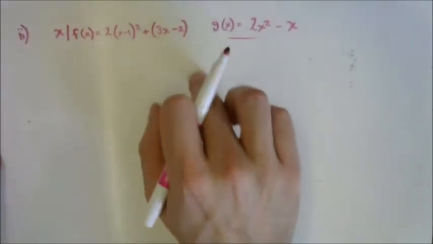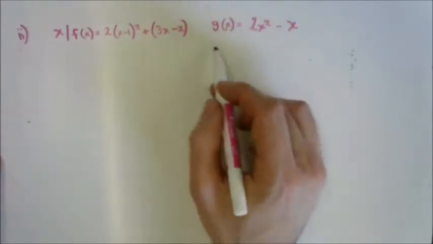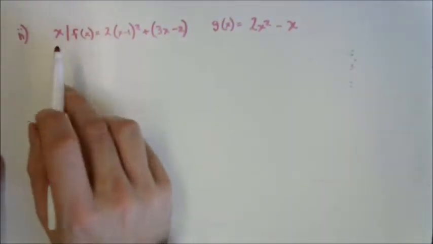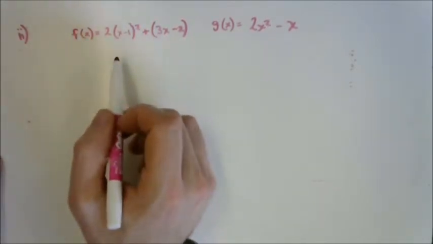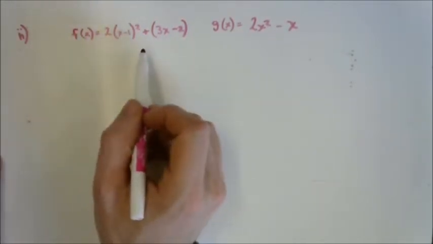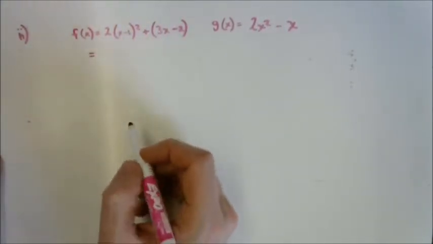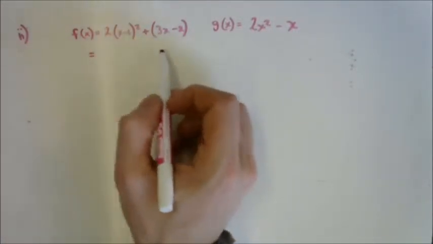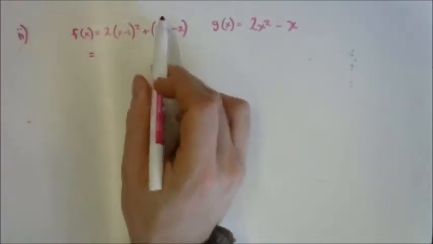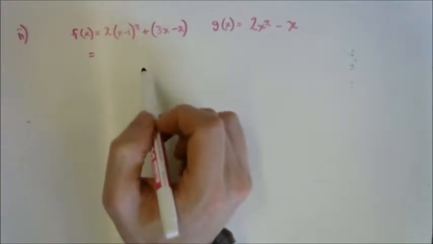Now, g of x is already simplified. I can't simplify that any further. So I'm just going to leave that. And we're going to simplify f of x. And when we do, we're going to see if we get the exact same expression on the left and on the right. So what would be our first step for simplifying this whole expression? What do you think we should do?